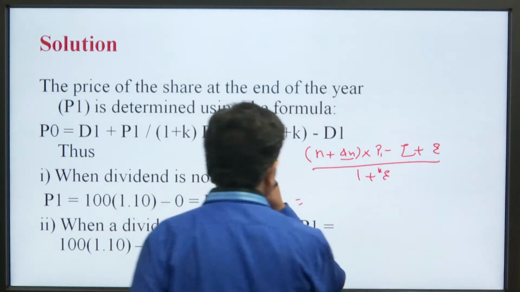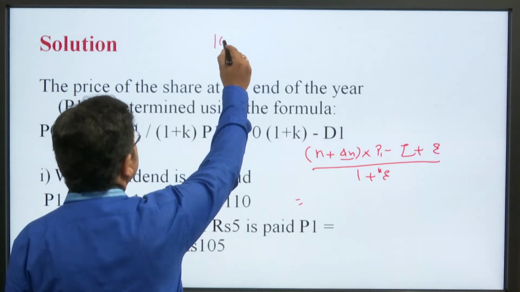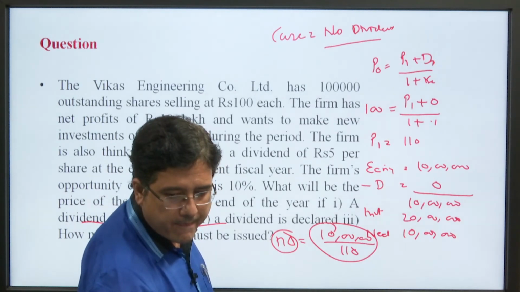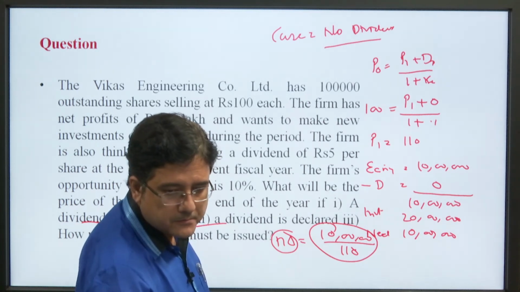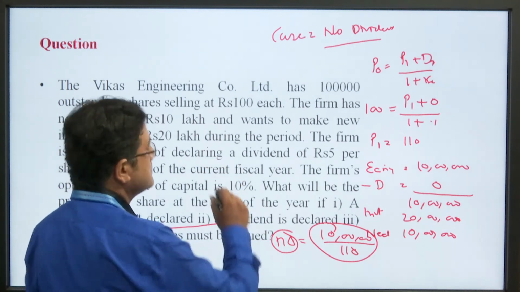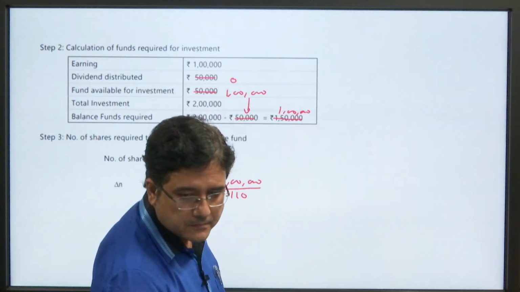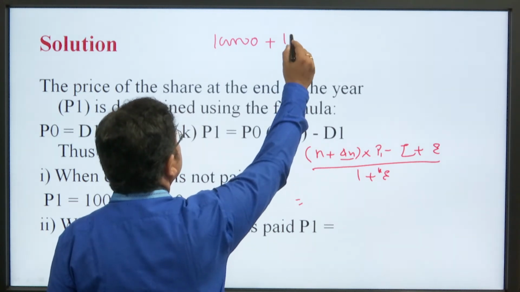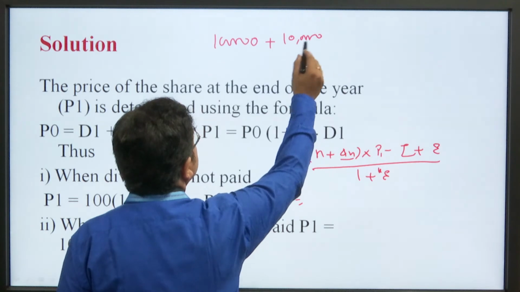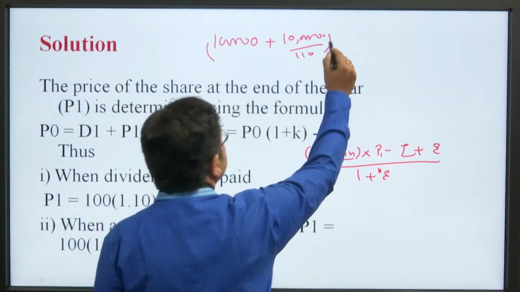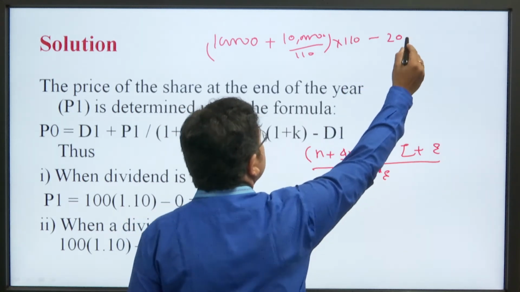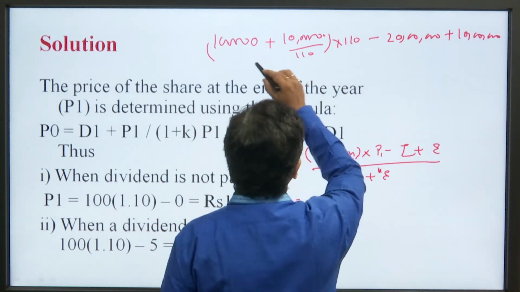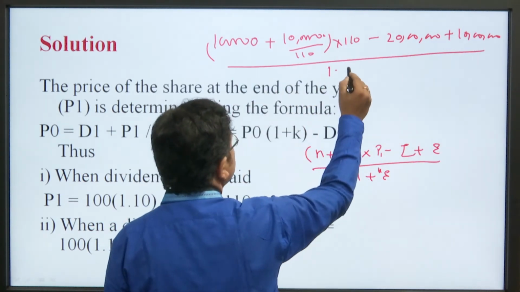So, let us see, the number n is 10,000, old 1 lakh, new 10 lakh divided by 110, multiplied by 110 minus 20 lakh plus 10 lakh, divided by 1.1.